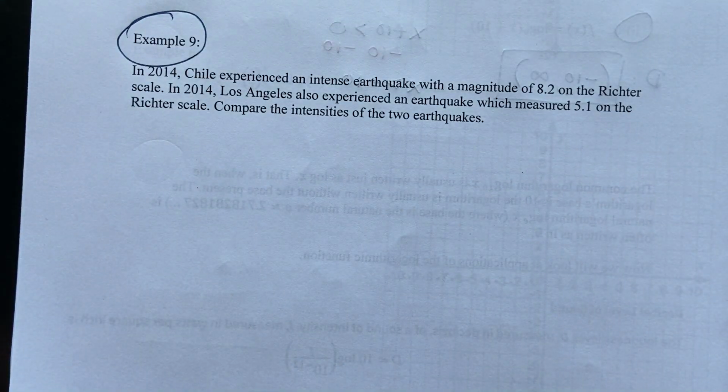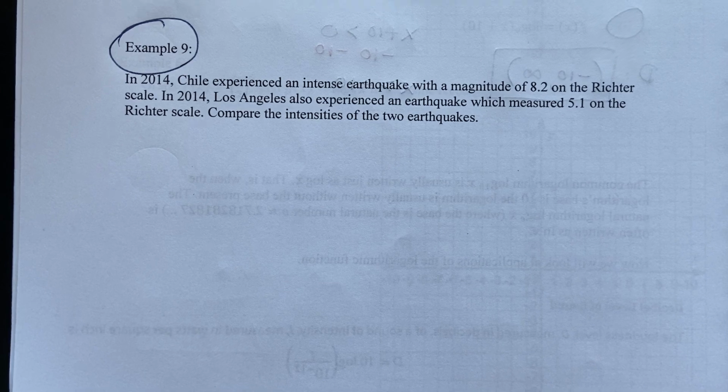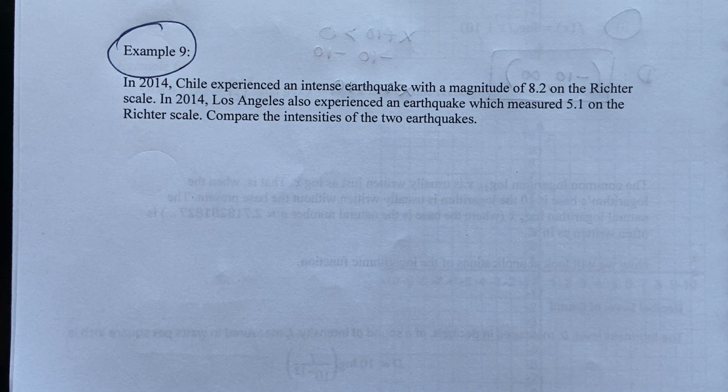Maybe I'll talk about example 9 also. So in 2014, Chile experienced an intense earthquake with magnitude of 8.2 on the Richter scale. In 2014, Los Angeles also experienced an earthquake which measured 5.1 on the Richter scale. Compare the intensities of these two earthquakes.